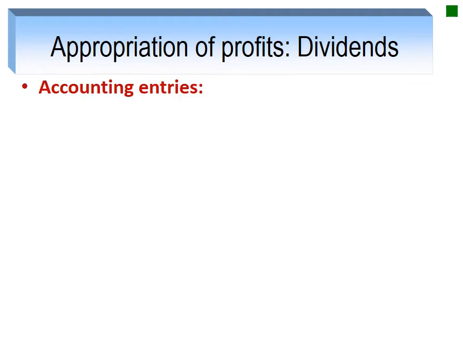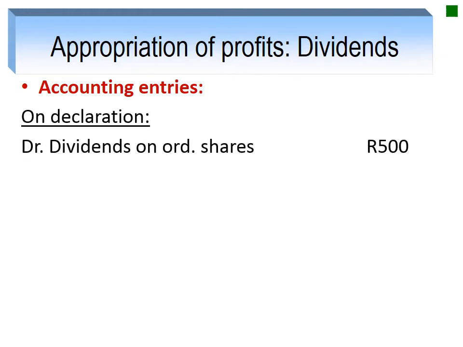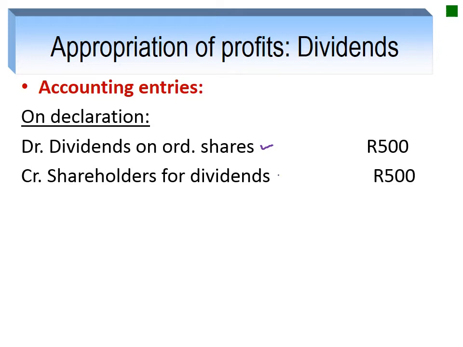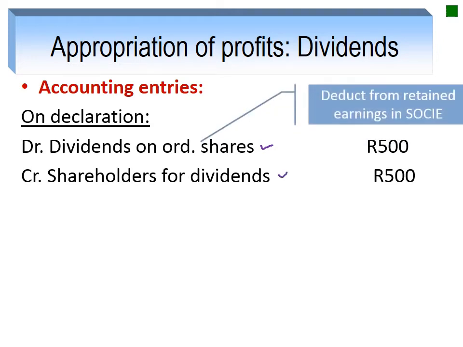So the accounting entries for dividends will look like this. On declaration, we will debit dividends on ordinary shares. This is an appropriation amount, which, as I said, is going to be on the statement of changes in equity. It will reduce retained earnings. Then we'll credit shareholders for dividends, which is a liability amount for 500 Rand.